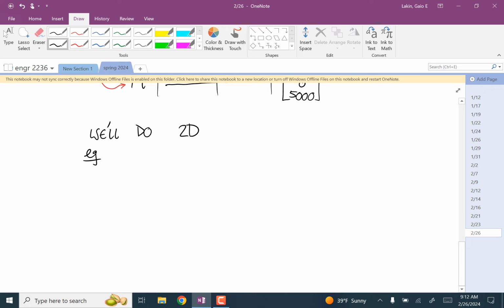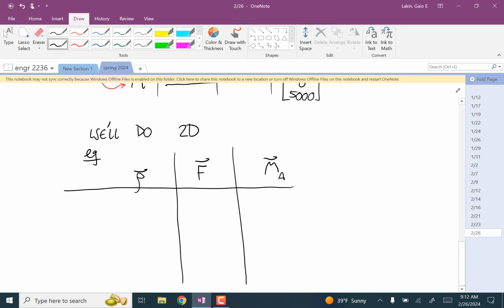So for example, your rho vector could be 5, negative 3. Okay. And then 0 for z.